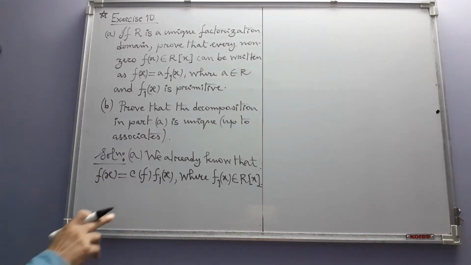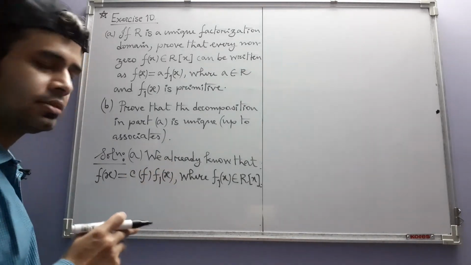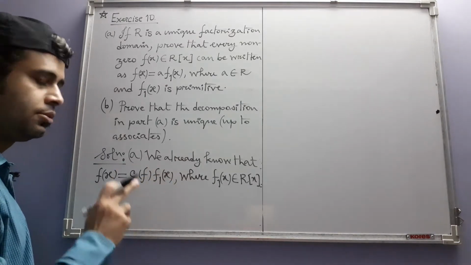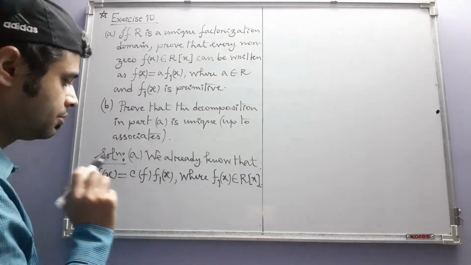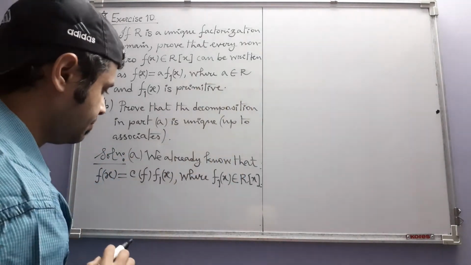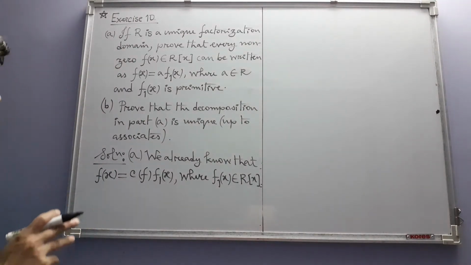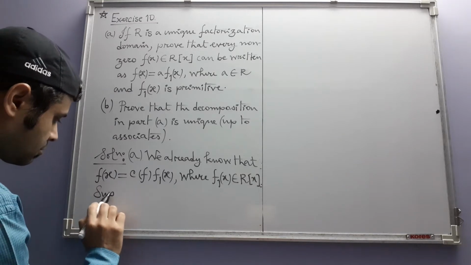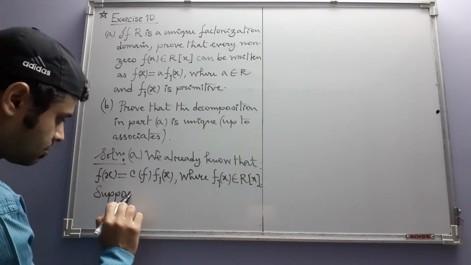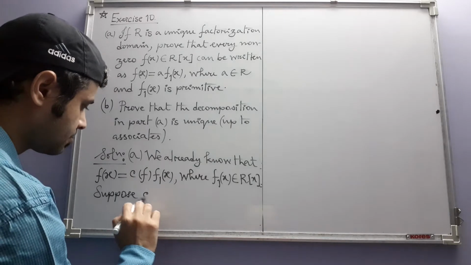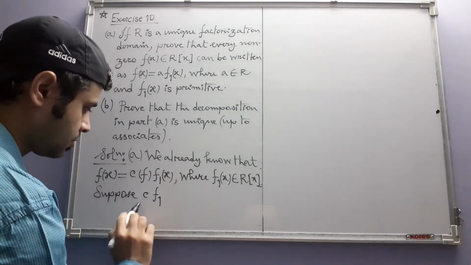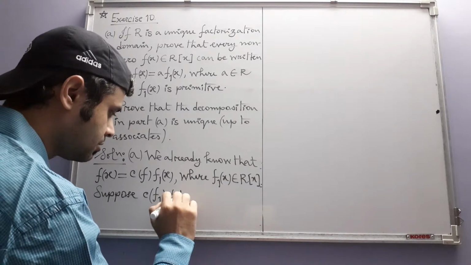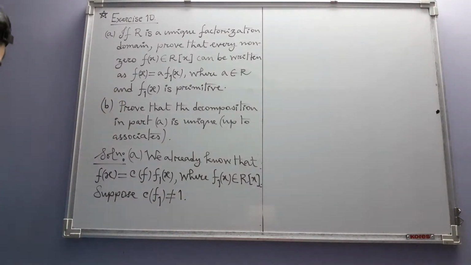Now our aim is to prove that this f1(x) is a primitive polynomial, that is its own content is 1, the unit element 1 in R. To the contrary, suppose that that is not the case. Suppose content of f1 is not equal to 1.